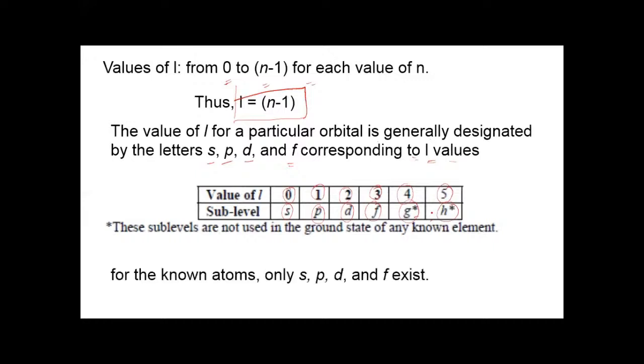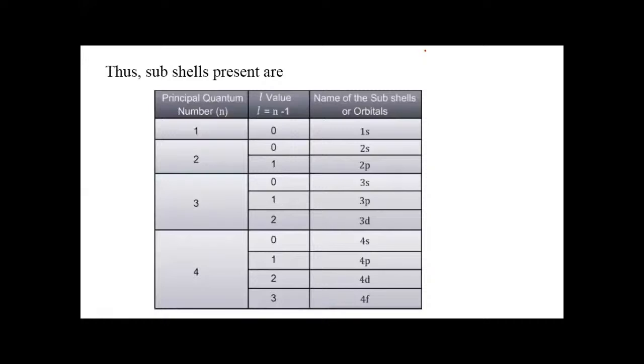For the known atoms, only s, p, d and f exist. Okay. Thus, subshells present are, in this chart, principal quantum number n, l value and name of the subshell is given.